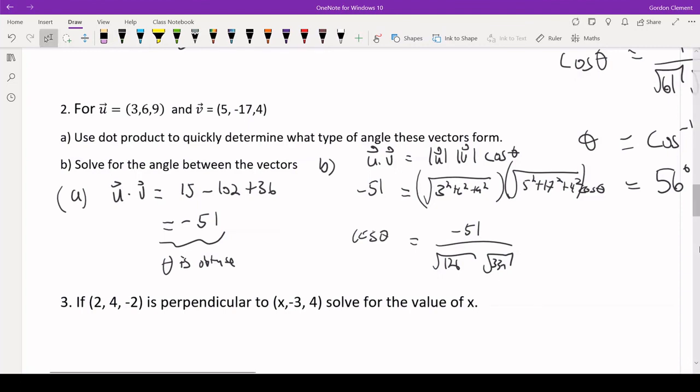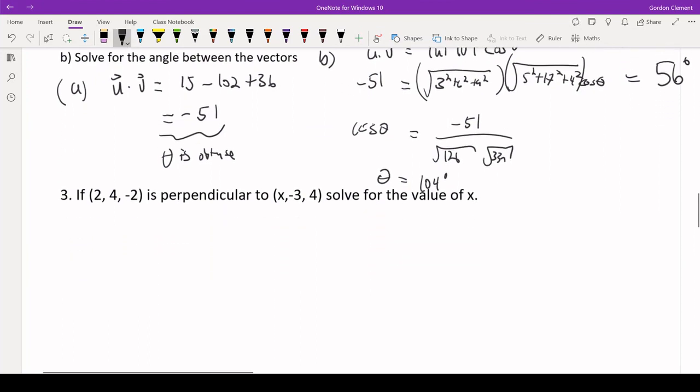So I got negative 0.25 basically when I did that, and then when I do the inverse cosine, I get around 104 degrees if we round off to a whole number of degrees. I get 104.48, so depending on how many decimals you use, you might have it rounding up to 105, but I'm not too worried about it.